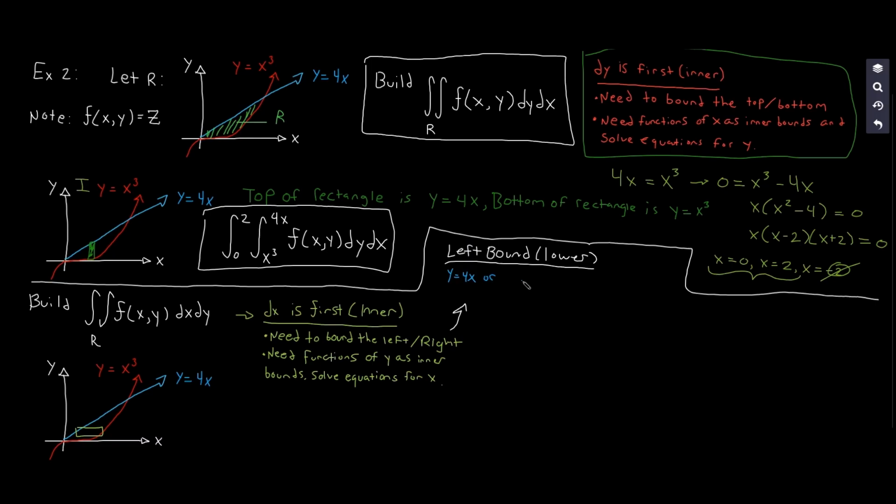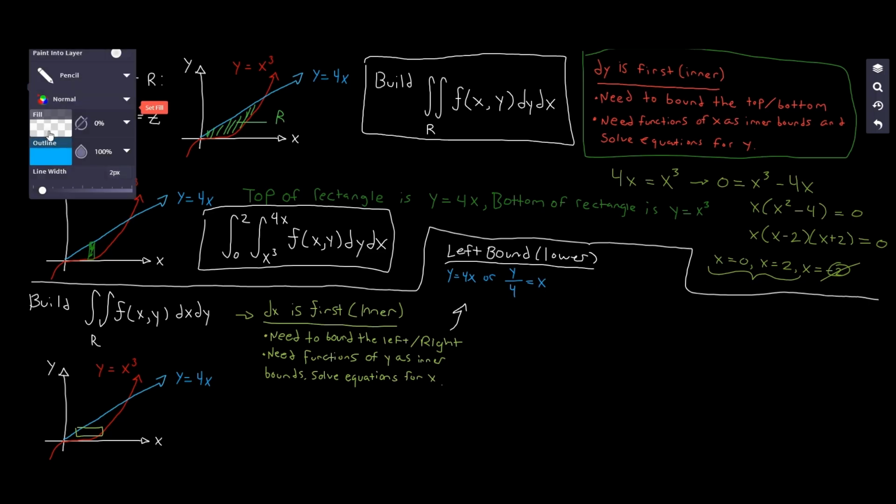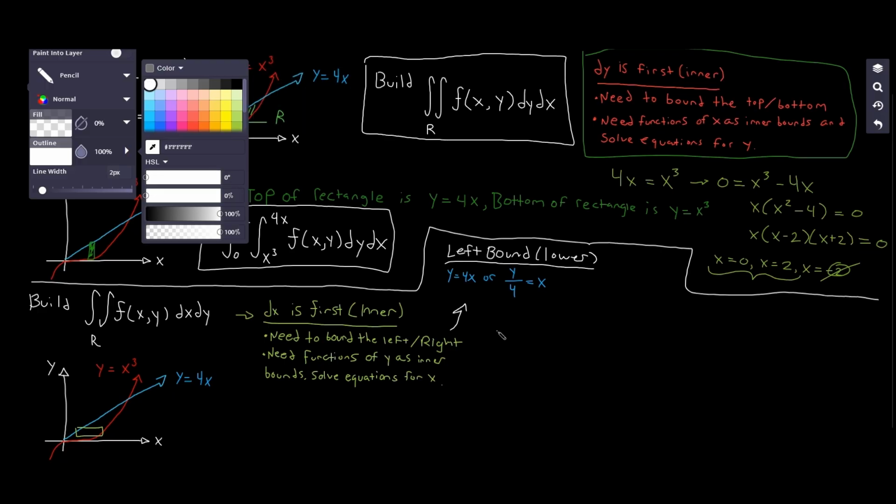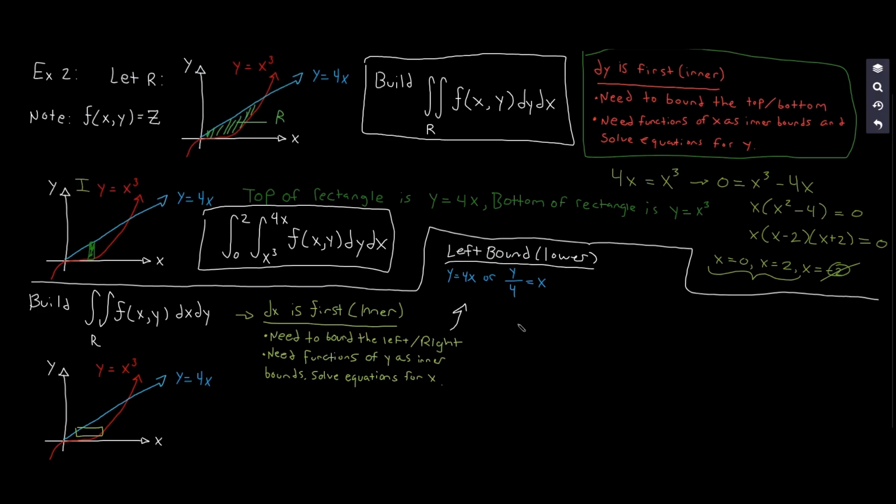Another way that we could think about this is y over 4 equals x, right? And then for the right bound, that's the upper bound. Since it's a cubic, y equals x raised to the third power, or the cube root of y equals x.